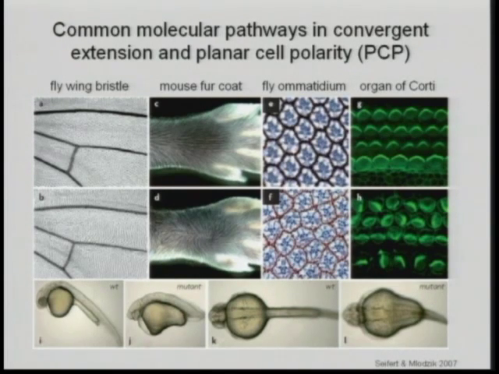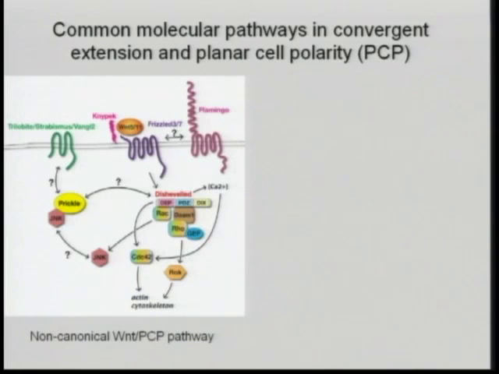And what are these molecular steps? Most of what people know about the genes actually belongs to the non-canonical Wnt pathway. This is a schematic showing the basic components of the non-canonical Wnt PCP pathway.